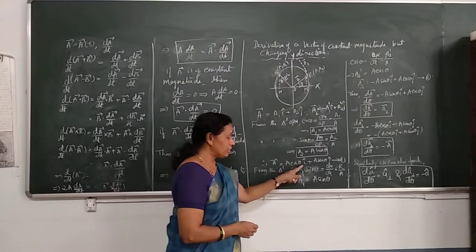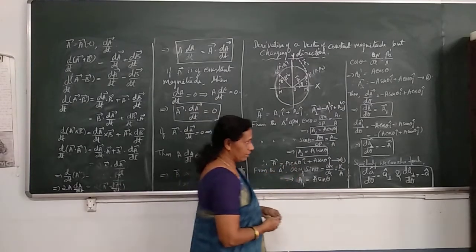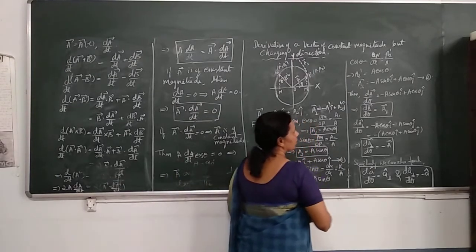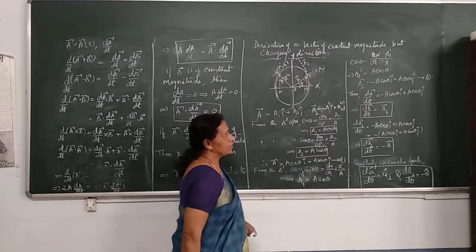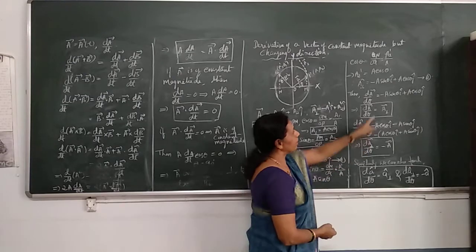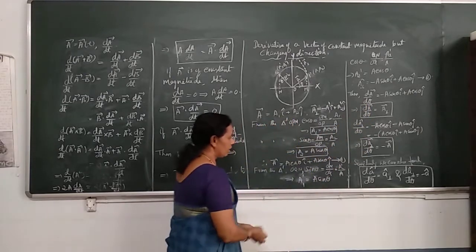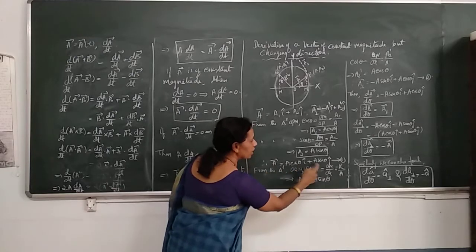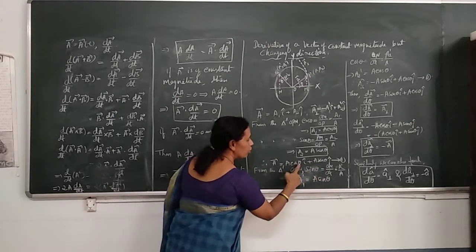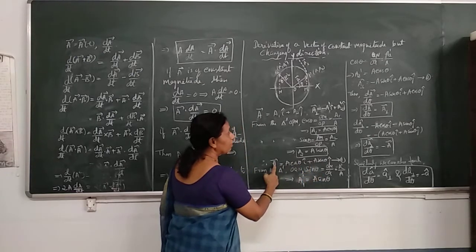So it is a function of theta. So find the derivative of the expression 1. That means consider dA vector by d theta. Differentiate A with respect to theta. It is a function of theta now, not t.